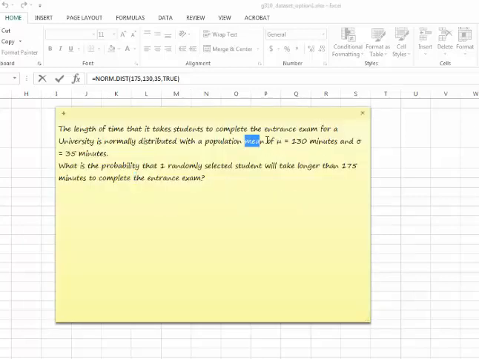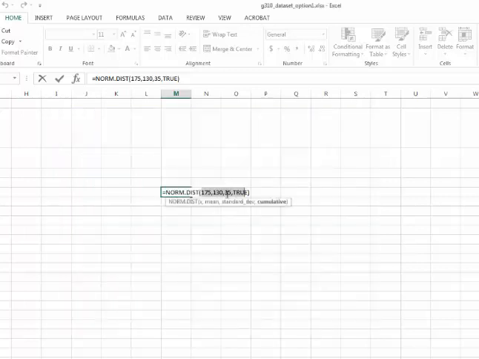The standard deviation is 35 minutes, and this is our third argument. The fourth argument gives us the cumulative of the normal distribution, and for this case we want to make it equal to true.